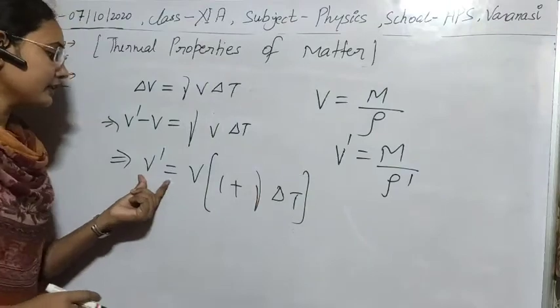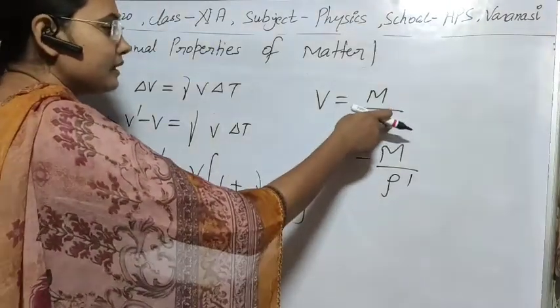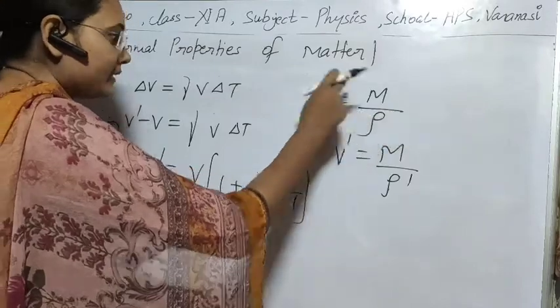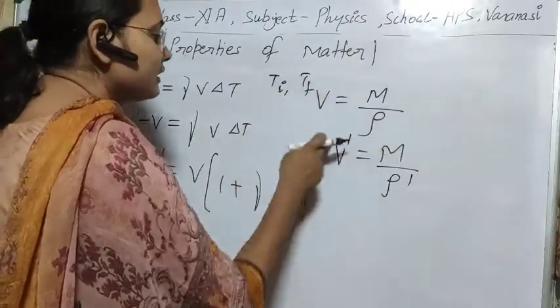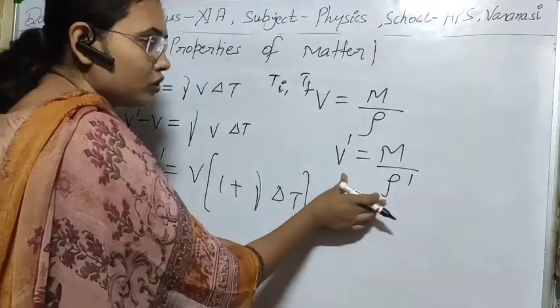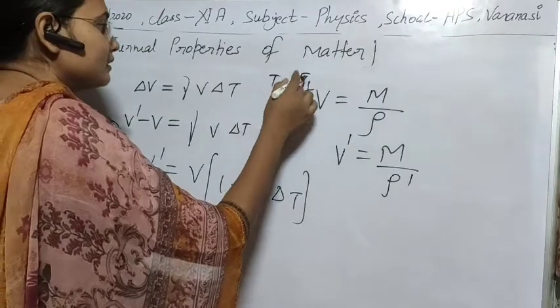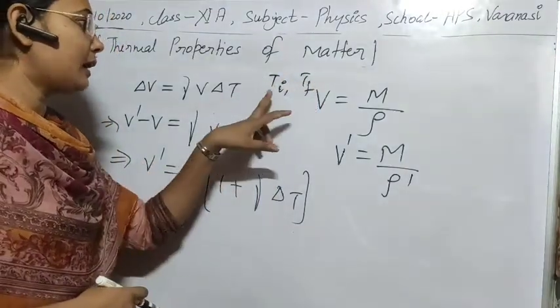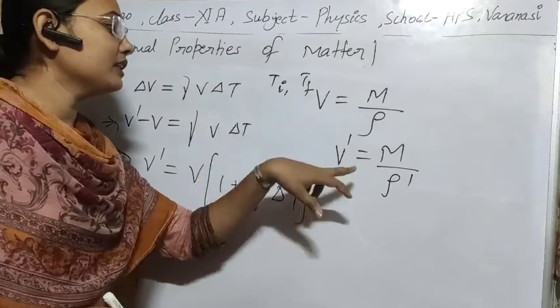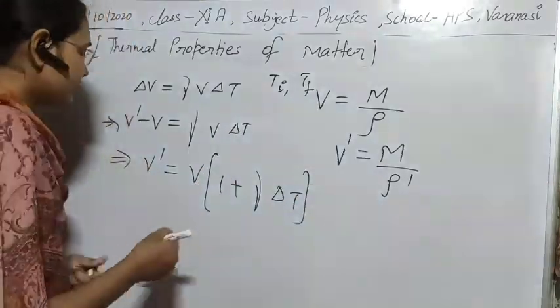So in place of V' and V, we can use these two things. This is the density originally, means at temperature Ti, and this is the density of the solid or liquid at temperature Tf, and delta T is simply the difference between these two temperatures. Means if we change the temperature from Ti to Tf, then there will be a change in density from rho to rho'.